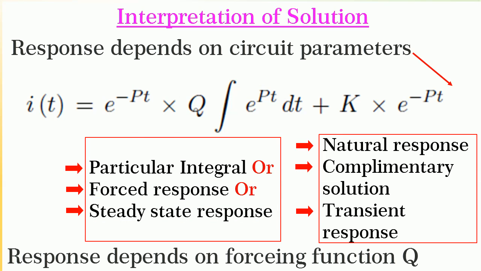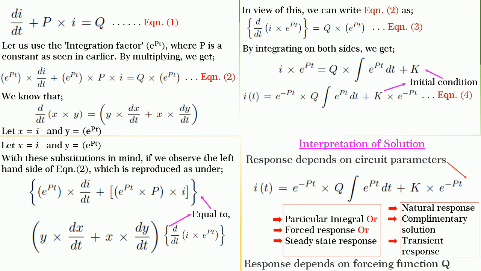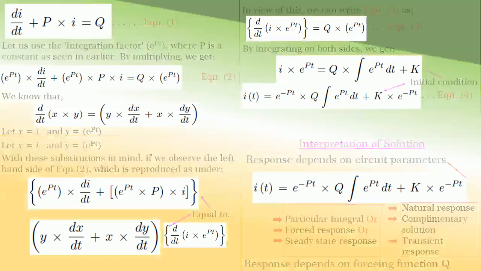The second part is called as natural response or complementary solution or transient solution. During the next discussion, we shall take up the same simple RL circuit and obtain its solution using classical approach.